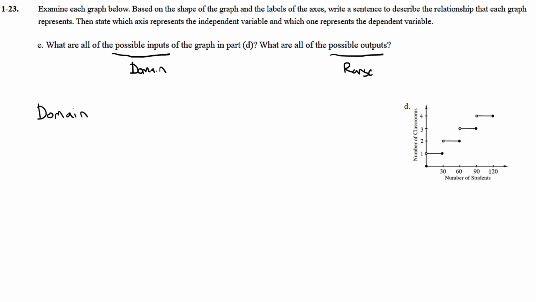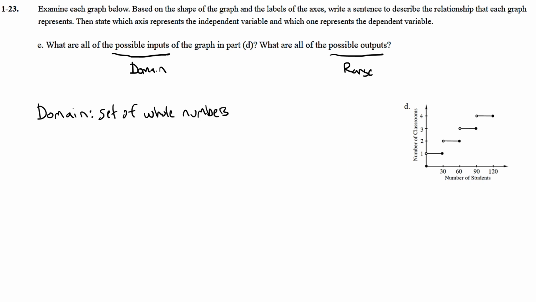So it looks like the number of people here is constantly increasing, but we have to be really careful because we can't have decimal values of kids, right? So the domain is going to be 0 to infinity, but we're going to count by 1, 2, 3, 4. So those are the whole numbers. So we say the domain is the set of whole numbers.